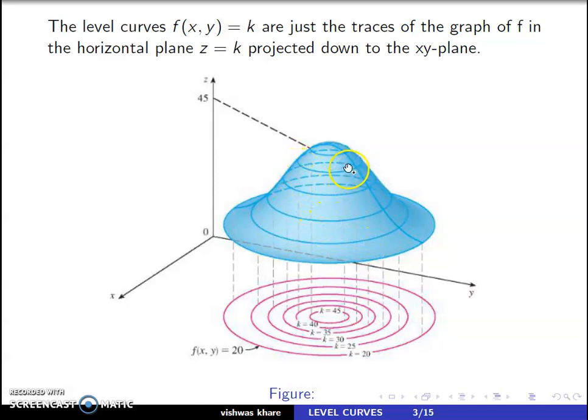These are the curves obtained by taking its intersection with the z = k plane. For different heights we will get different lines, and when these lines are projected in the xy plane we get the level curves. Here you can see k = 20, k = 25, k = 30. So for different values of k we will get different level curves.